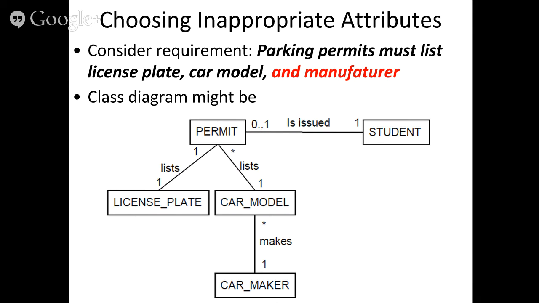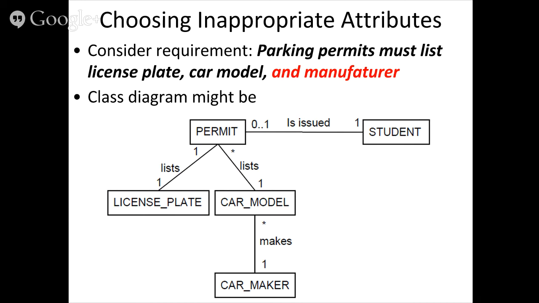Not only do we want to capture the car model, that it's a Corolla or a Grand Cherokee or whatever, we also want to capture the car maker. So we want to capture that it's a Jeep, that it's a Toyota. We don't really need to, but let's add this requirement and see how it would affect our decision.